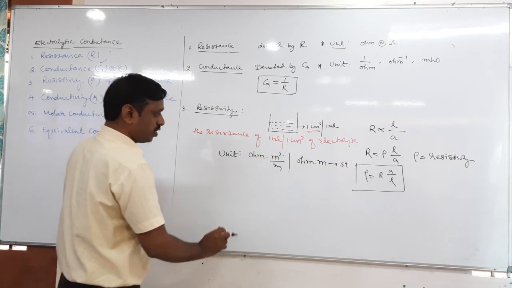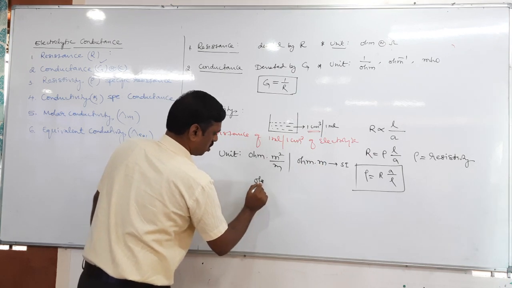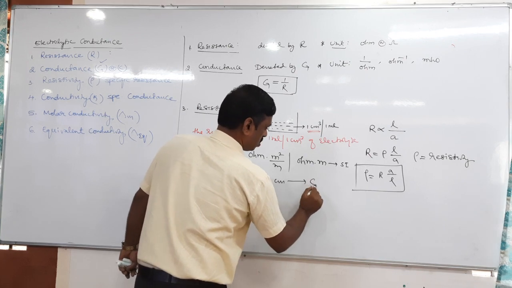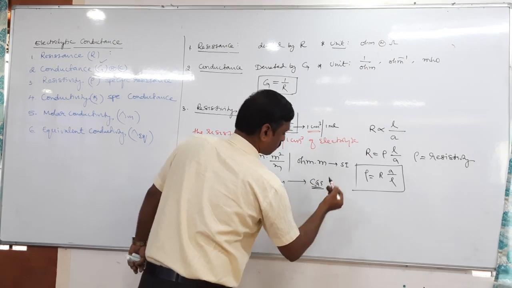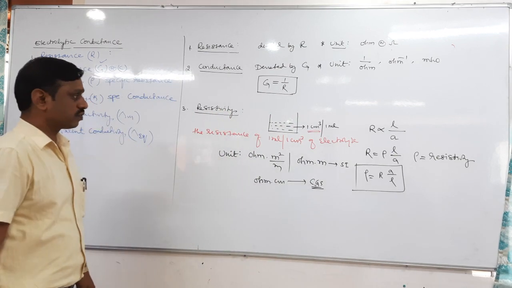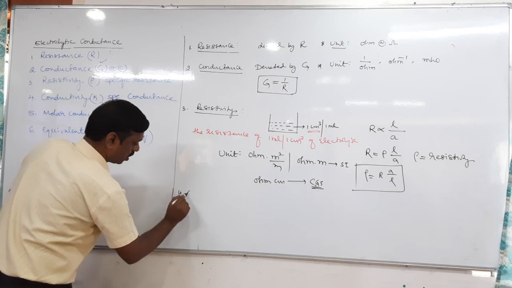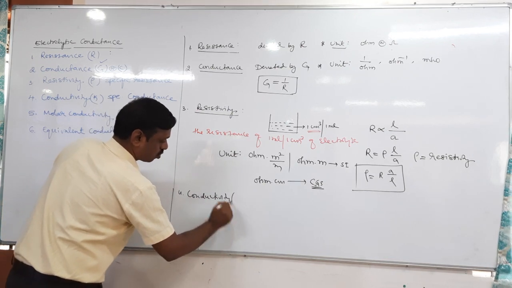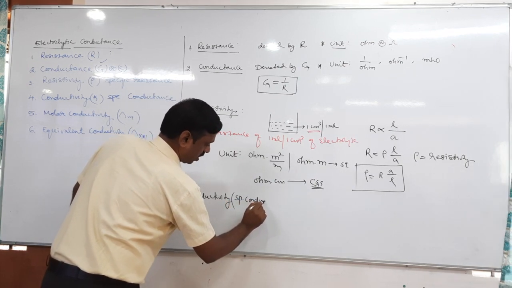Then what is the CGS unit? It should be ohm into centimeter. Next is the fourth one, conductivity. Conductivity is also called specific conductance.